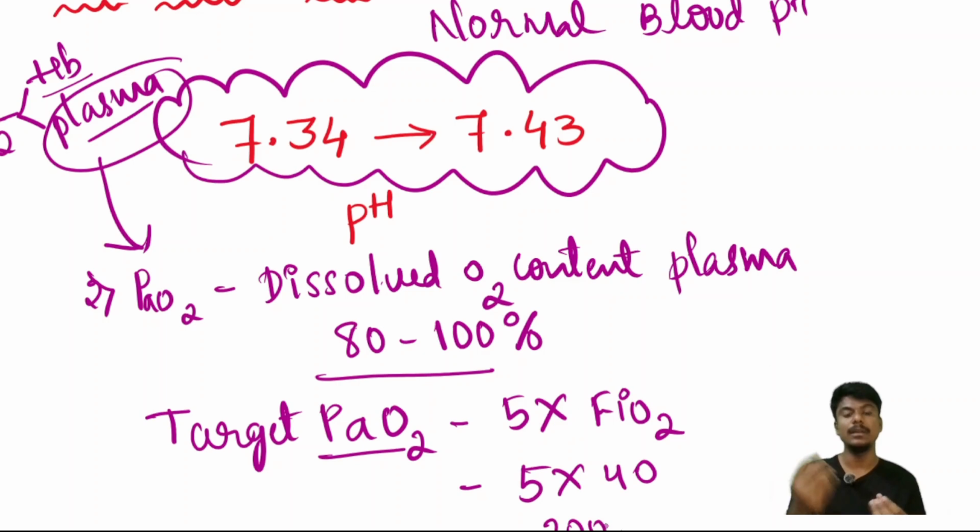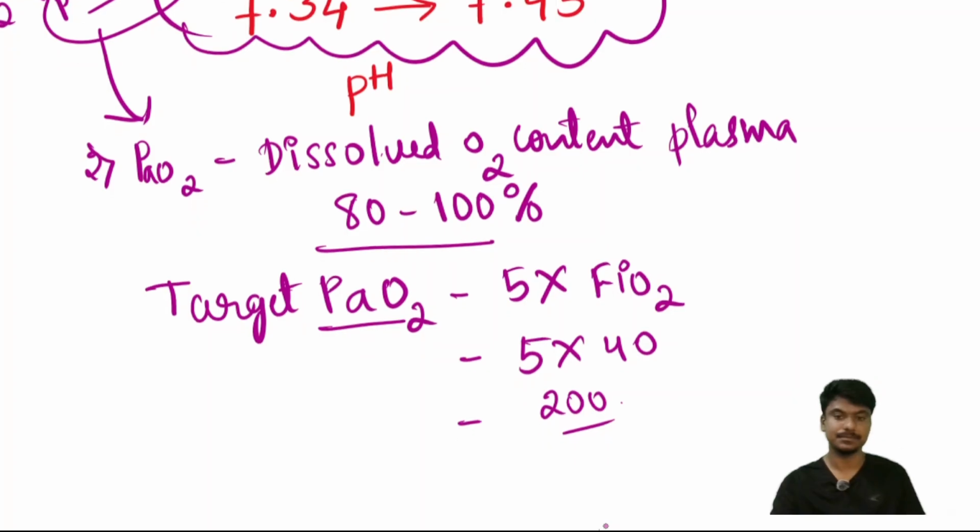So five times the FiO2 should be there. That is your normal PO2 level.